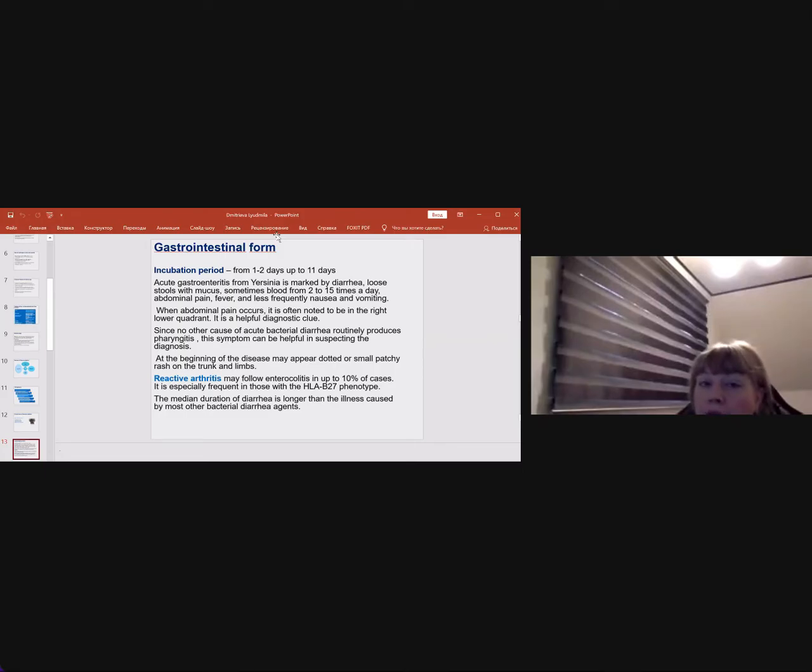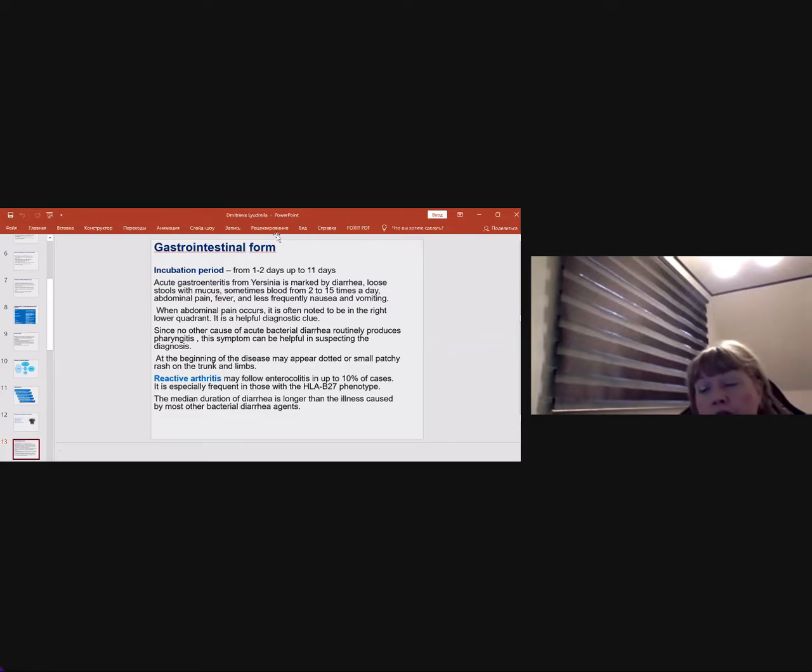Doctors, I want to say something about the specificity of abdominal pain in yersiniosis. We know that if the patient has salmonellosis or food poisoning, the localization of abdominal pain is the epigastrium and paraumbilical region, with spasmodic abdominal pain.